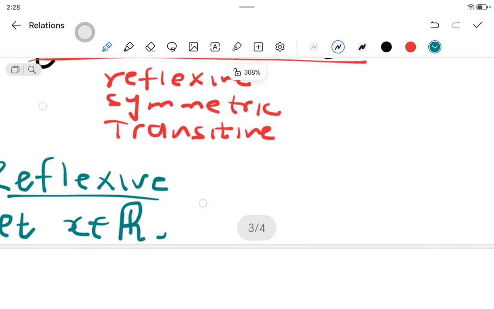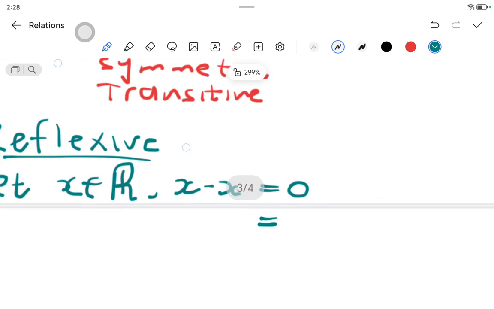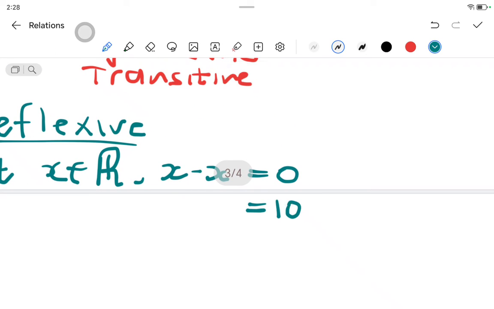Here x subtracts itself and I get 0. Is 0 divisible by 10? We should check if it is a multiple of 10, and indeed it is.